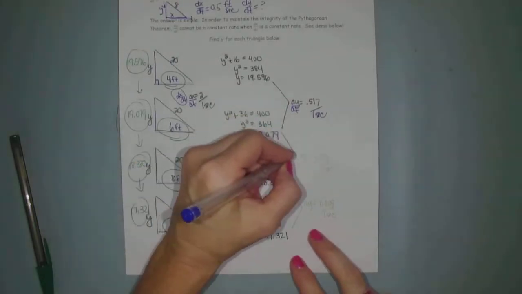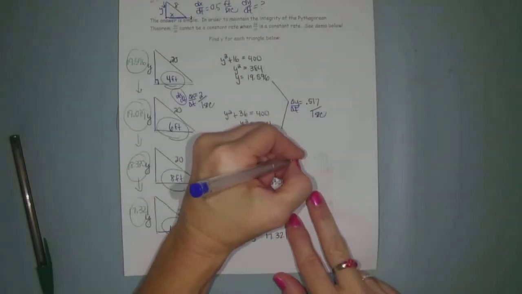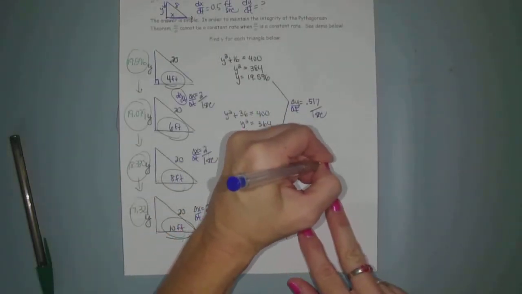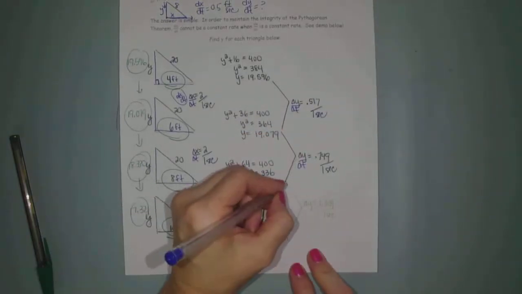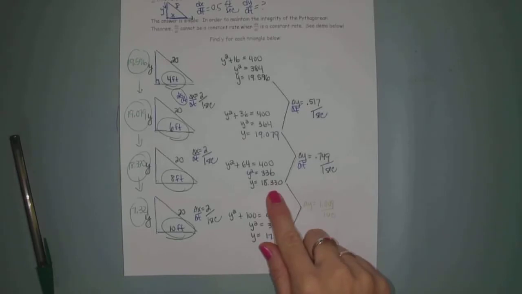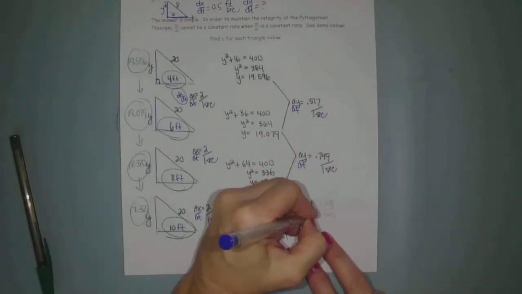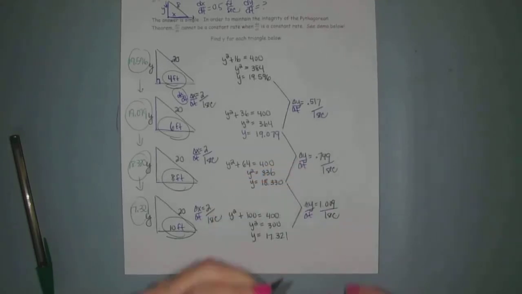If I take 19.079 minus 18.330, then that change in y is 0.749 feet per second. And one more time, if I take 18.330 minus 17.321, then that change in y with respect to time is 1.009 feet per 1 second.